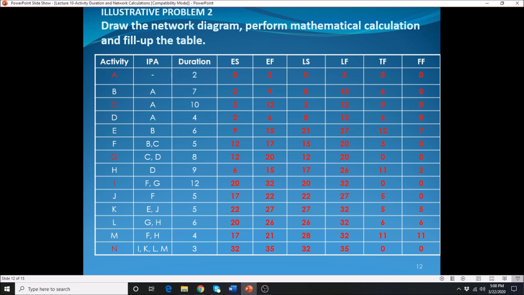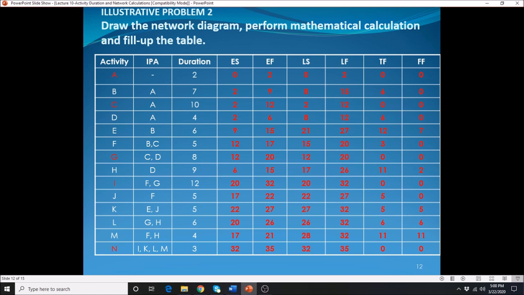The early finish of the last activity is also the late finish of the last activity, and then you move backward to do the calculation. As you move backward, consider the minimum. You have to calculate the forward and the backward one at a time. Complete the forward first, and then do the backward.